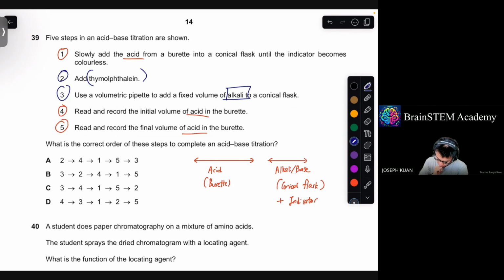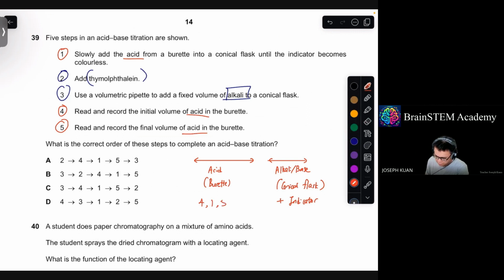So we just need to know for acids, what comes first. It should be read and record the initial volume first, followed by slowly adding the acid from a burette into a conical flask until the indicator becomes colorless. And then followed by read and record the final volume.